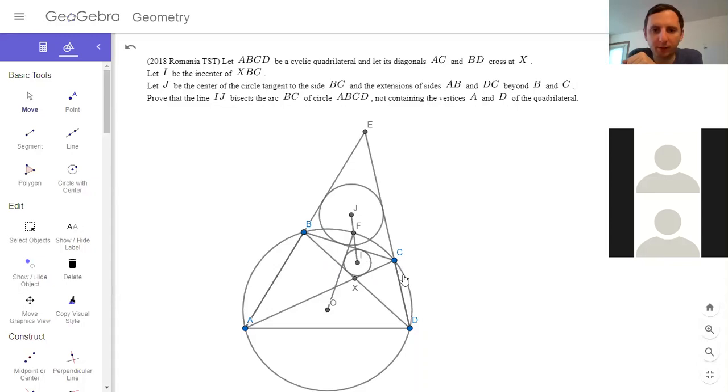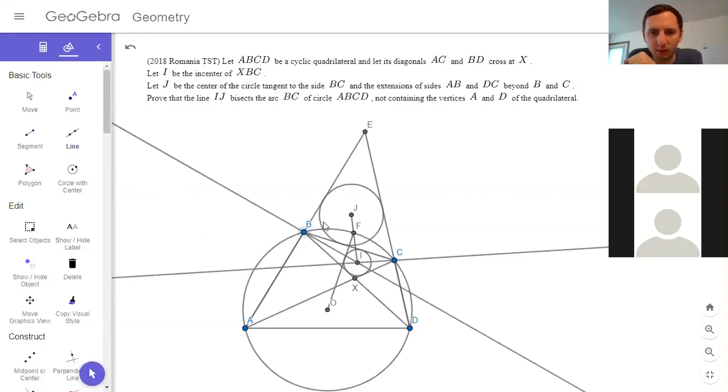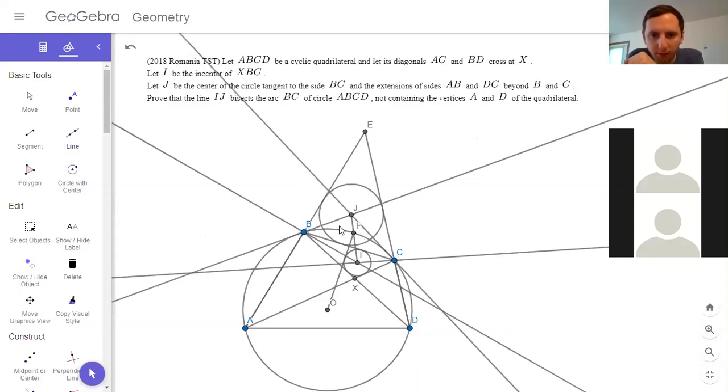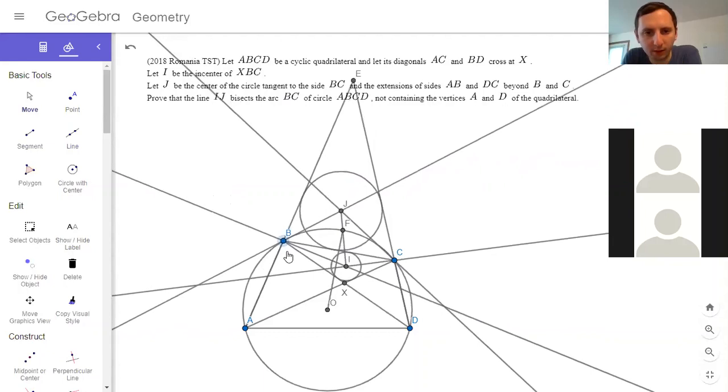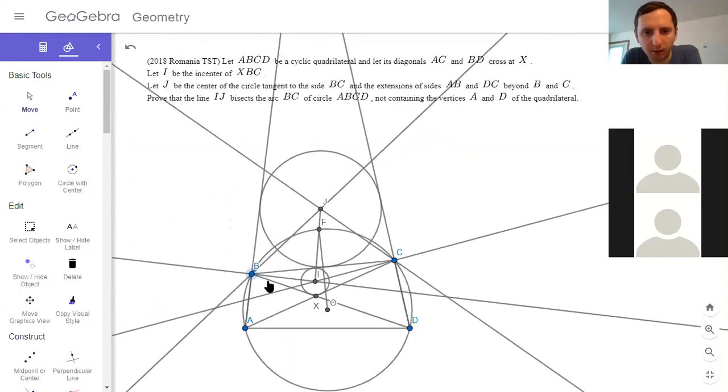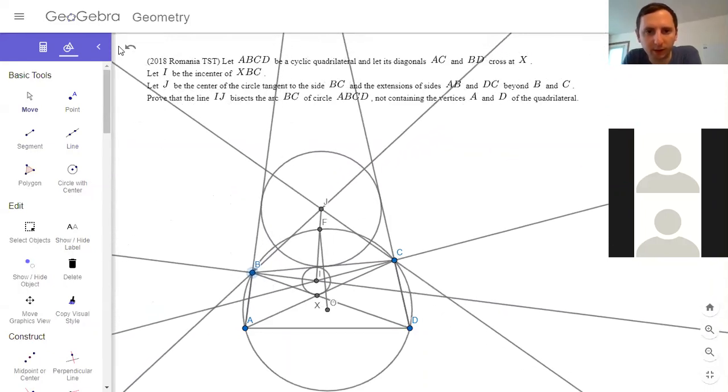I'm gonna draw some of the angle bisectors in because we got to start using that somehow, right? It looks almost like those angle bisectors might be tangent to the circle, but I don't think so, because you can see they intersected like that.